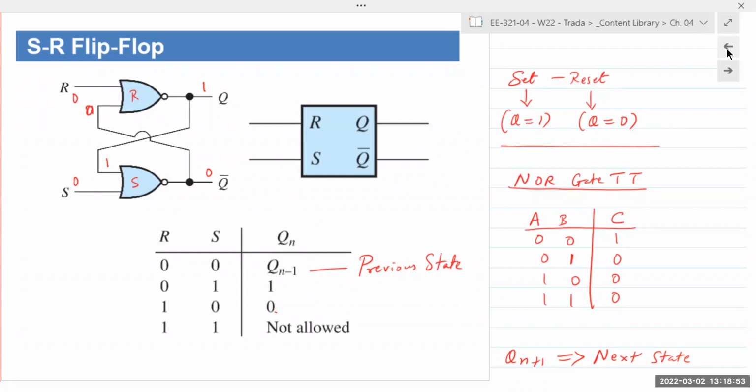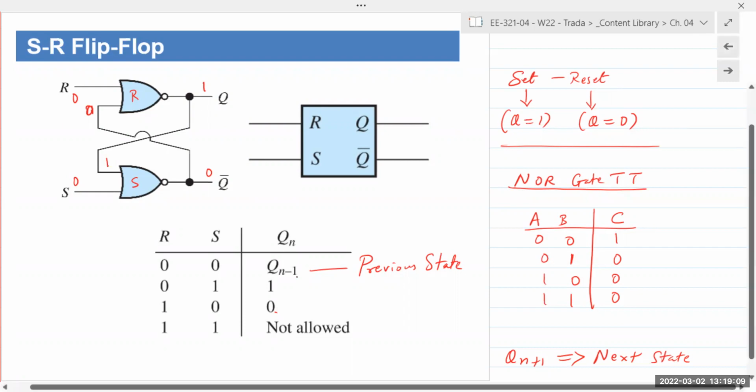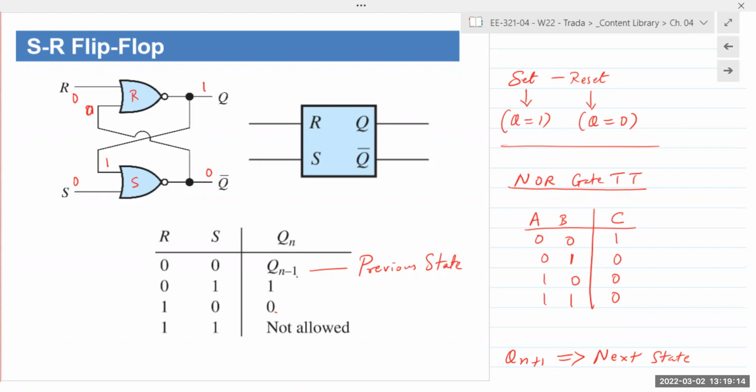So state is basically the value of that bit, or that signal, and it can only take two values, 0 or 1. Qn minus 1 simply refers to the previous value of that signal.